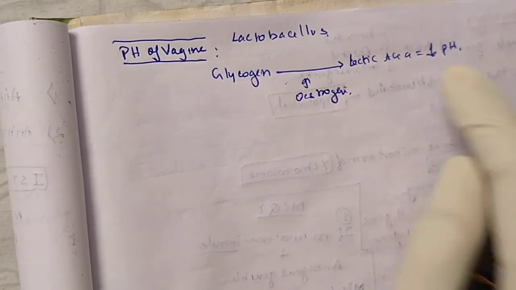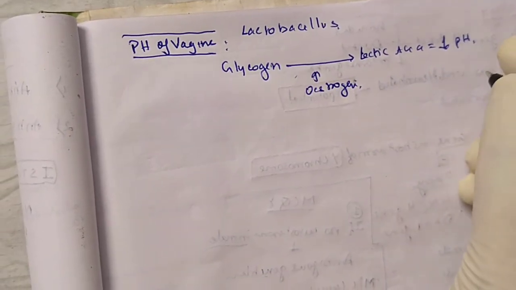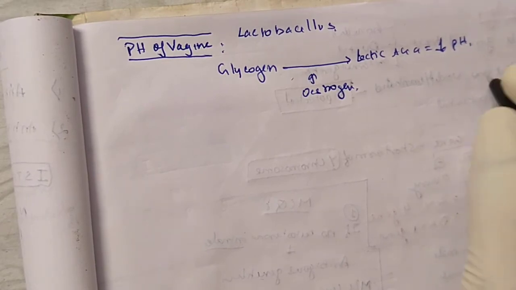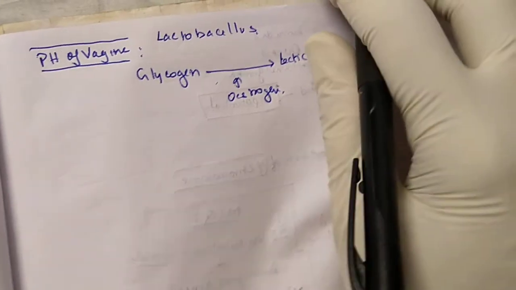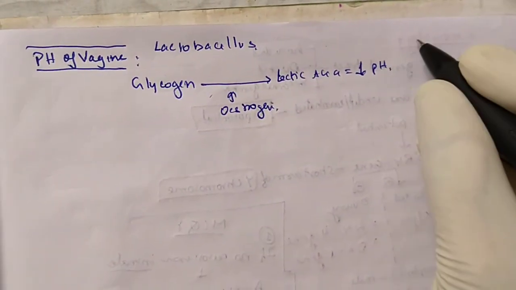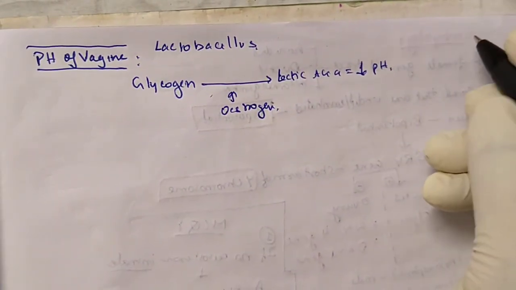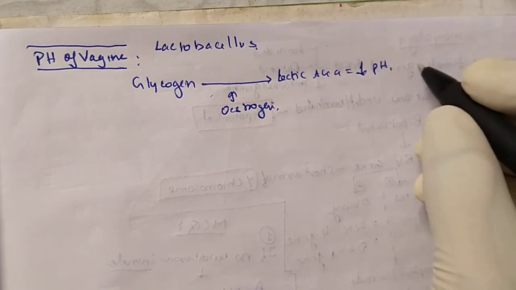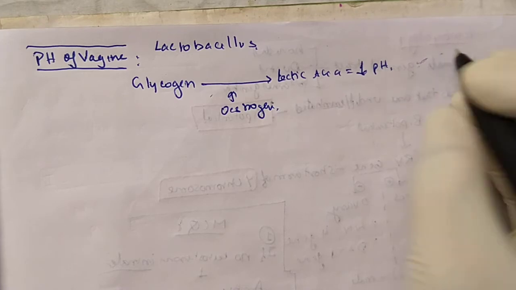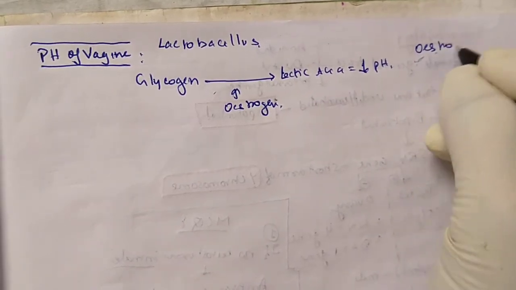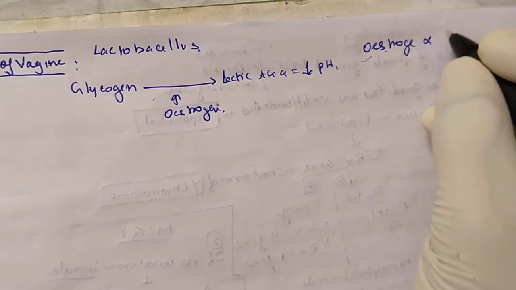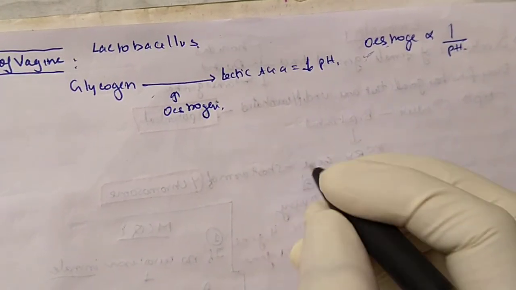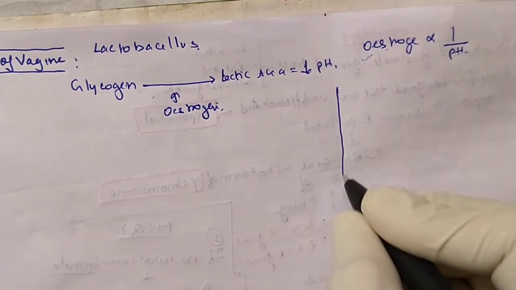So we can tell that if estrogen levels are high, then the pH is low. So estrogen is inversely related to pH.